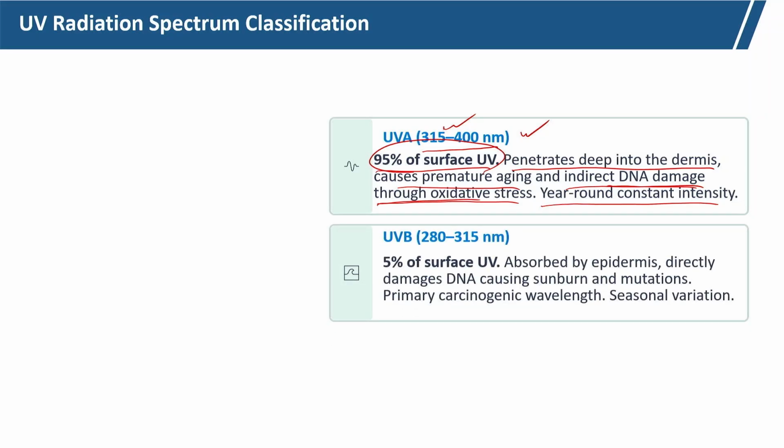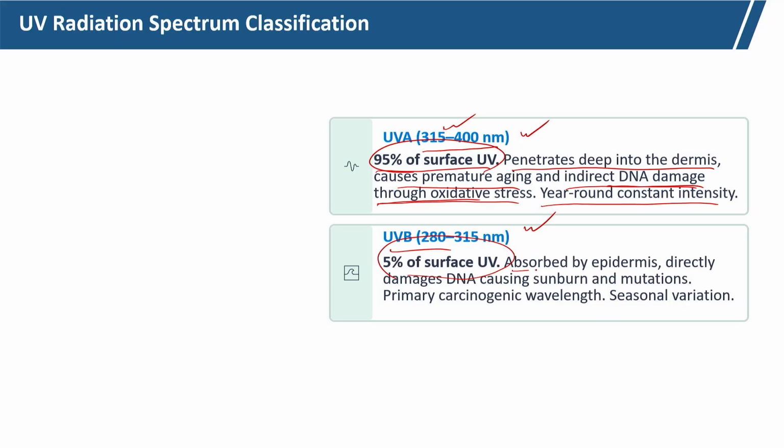UVB, the wavelength is a little bit shorter. Of what reaches the earth, only 5% consists of UVB, as the majority of UVB is absorbed by the ozone layer.